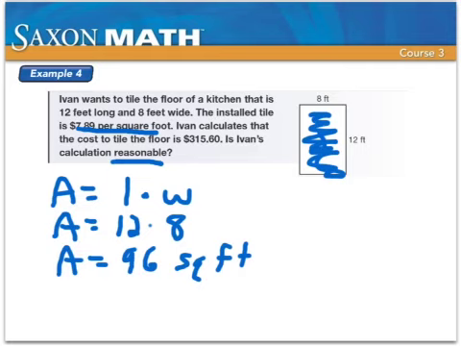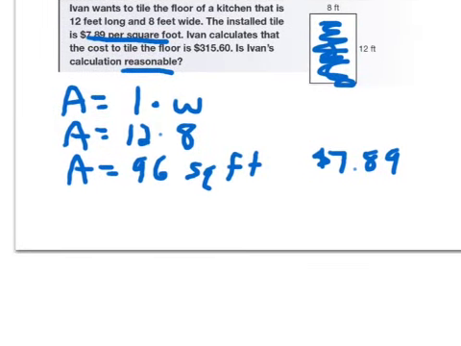Now remember, his 96 square feet is $7.89 per square foot. So, to find out how much money he spends, we need to take 96 times the amount he's spending on each square foot. Now, because we just need to know if his calculation is reasonable, we don't need to know the exact answer.